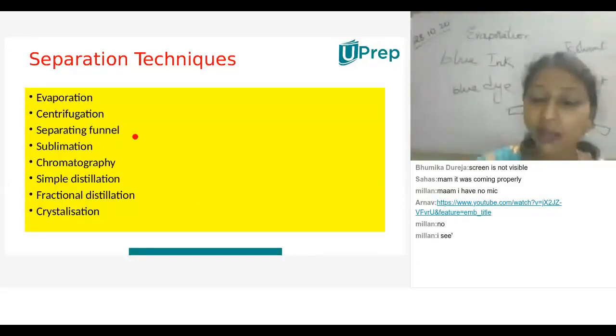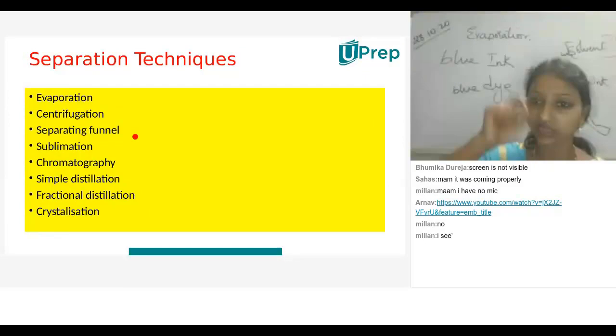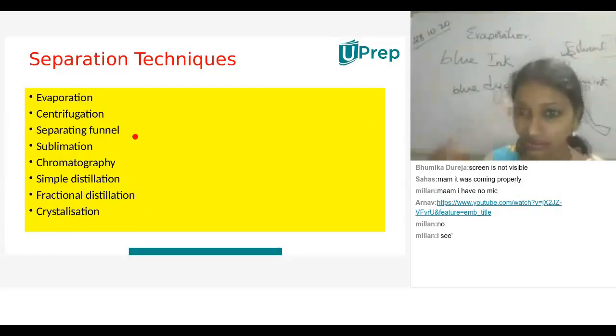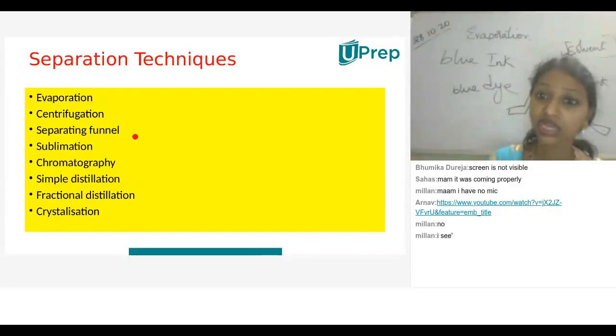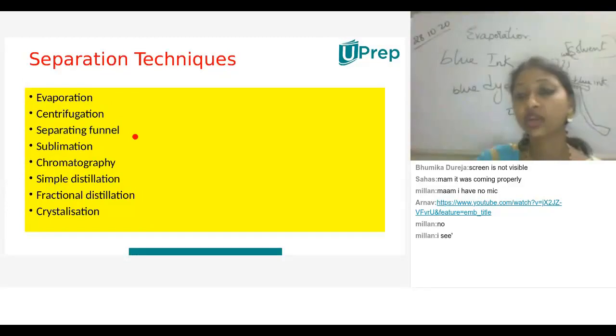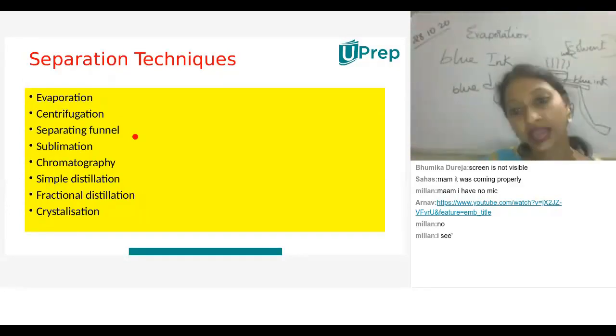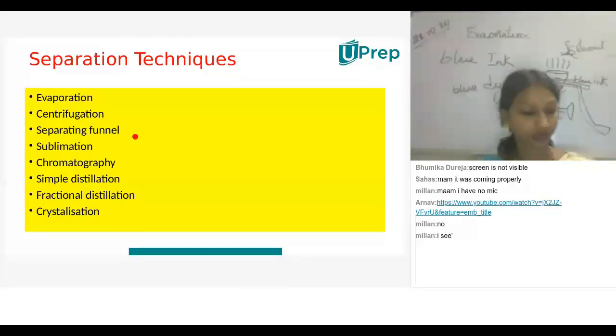So when it rotates, what happens? Any impurities present in the blood sample will settle at the bottom. They collect the impurities and send them for further diagnosis. Understand? Yes or no? Yes, ma'am.